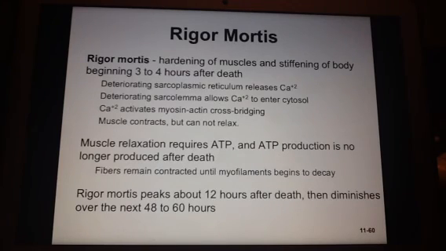And then that activates the myosin actin cross bridge, and the muscle contracts but cannot relax. We know that relaxation requires ATP, and after death, the body is not producing any more ATP, so the muscles remain contracted until the myofilaments begin to decay. It peaks about 12 hours after death and then diminishes over the next 48 to 60 hours.